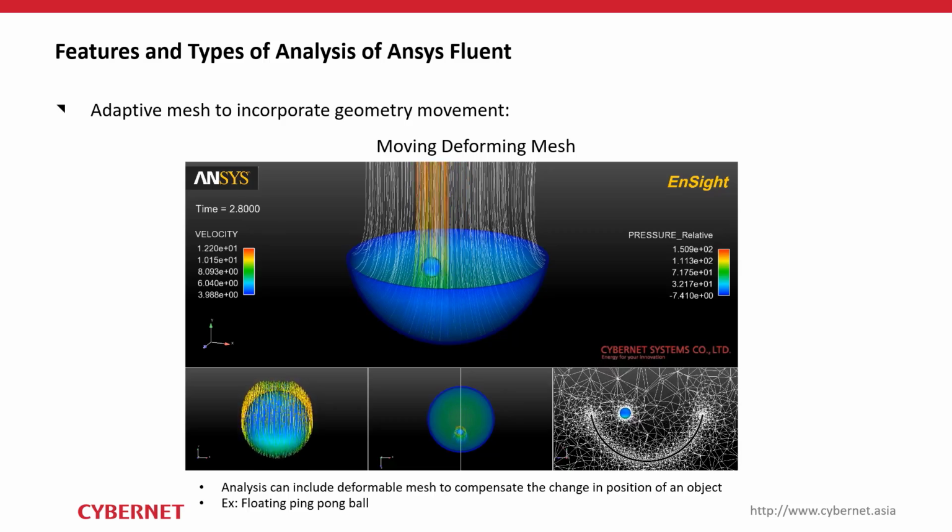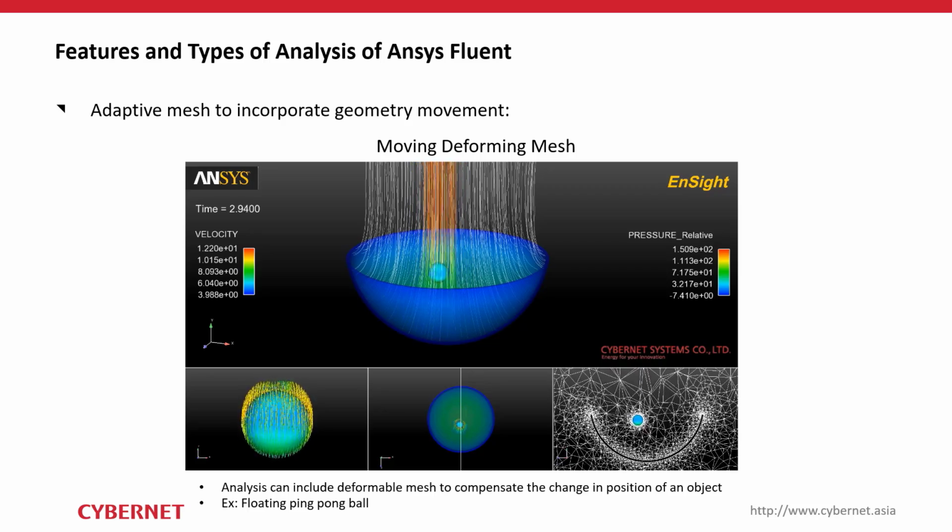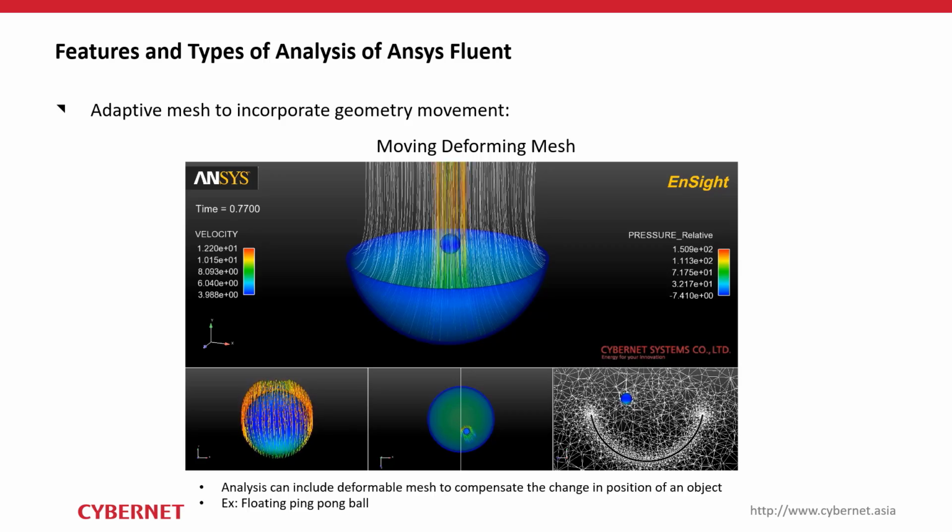It is floating, and as the ping pong ball moves around, the mesh surrounding it also adapts to become finer and finer around the region of the ping pong ball. So instead of meshing the entire fluid domain using a fine mesh, this feature allows you to pinpoint exactly the region which requires a denser or finer mesh for more accurate results. So ultimately it helps you to save some time.